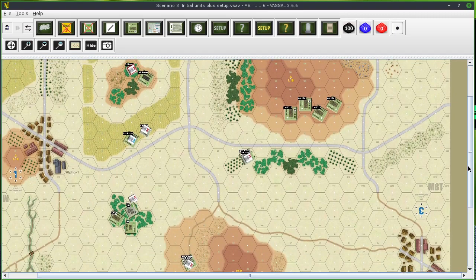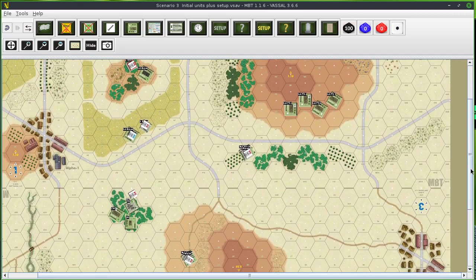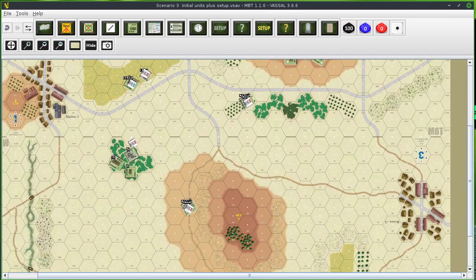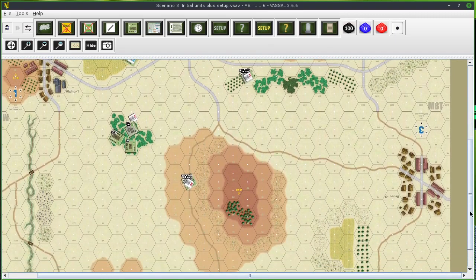Okay. And on this hill, and this is a forward hill on the right, 10. Yep, I'm going to put one of my recon units right there.